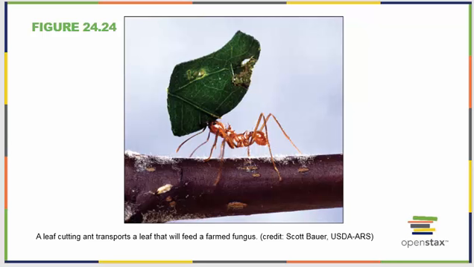There are some fungal and animal mutualistic relationships that are kind of neat to study. The leaf-cutting ants of Central and South America actually have learned to farm fungi. They cut discs of leaves from plants and then pile them up in these really big gardens. And the fungi are actually cultivated in these gardens. They digest the cellulose in the leaves, which isn't any good for the ants because they can't break it down.